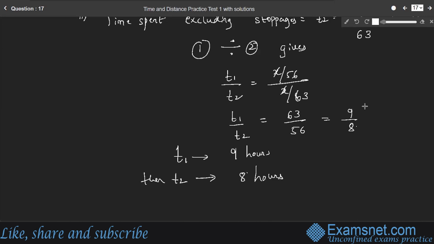The first is including stoppages, and this is excluding. So excluding stoppages, the bus takes 8 hours.